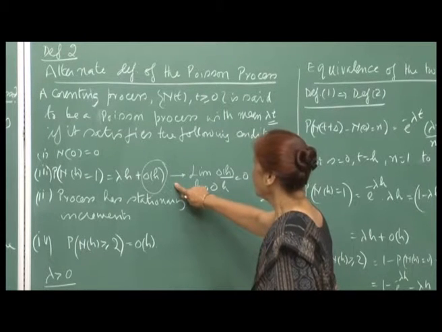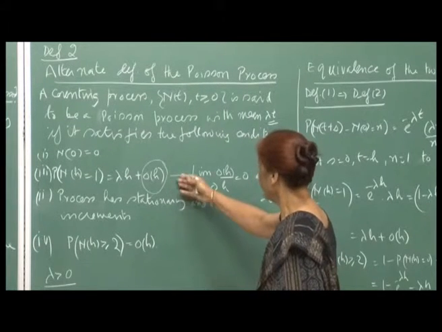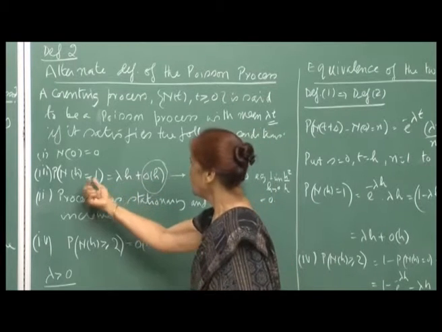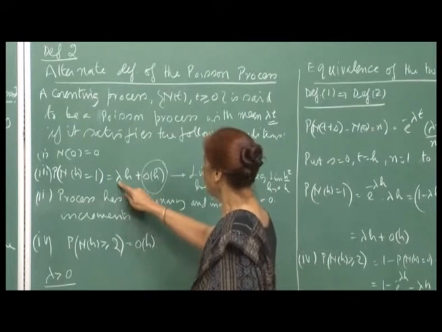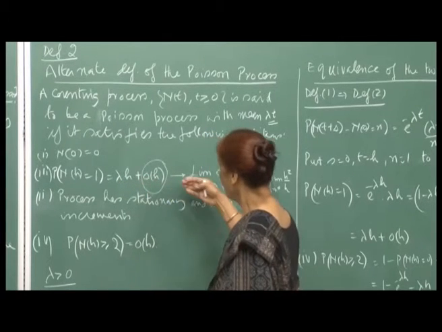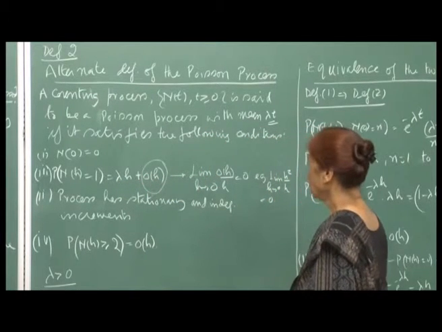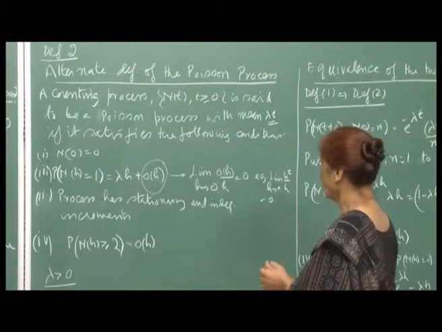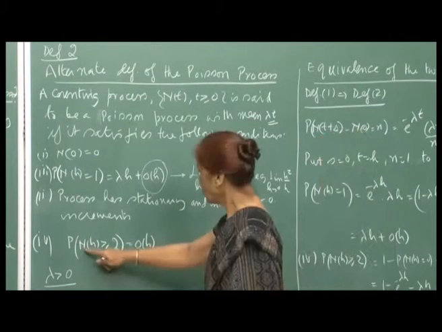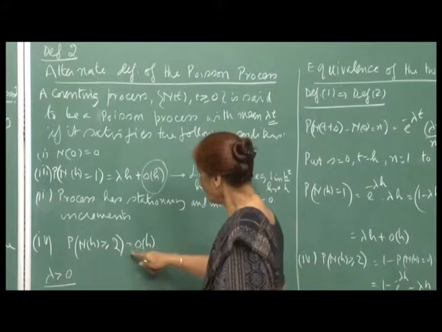Now, this one tells you that the probability of the occurrence of an event in a small interval is dependent on lambda. In other words, the bunching of occurrences of events is not permitted here. The probability that N(h) is greater than or equal to 2 is of order h.